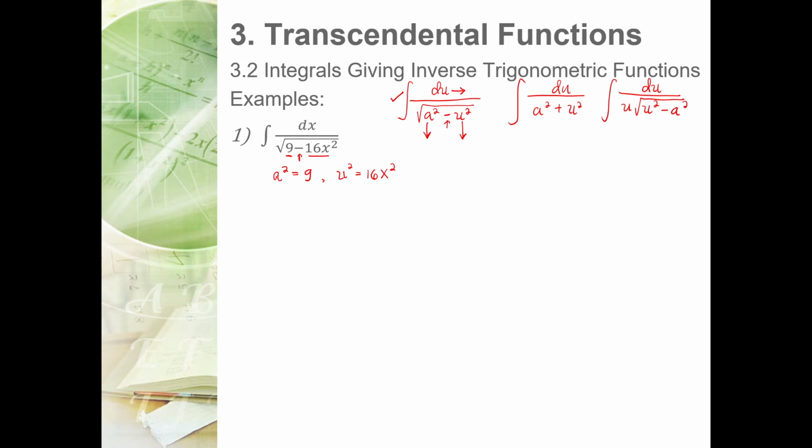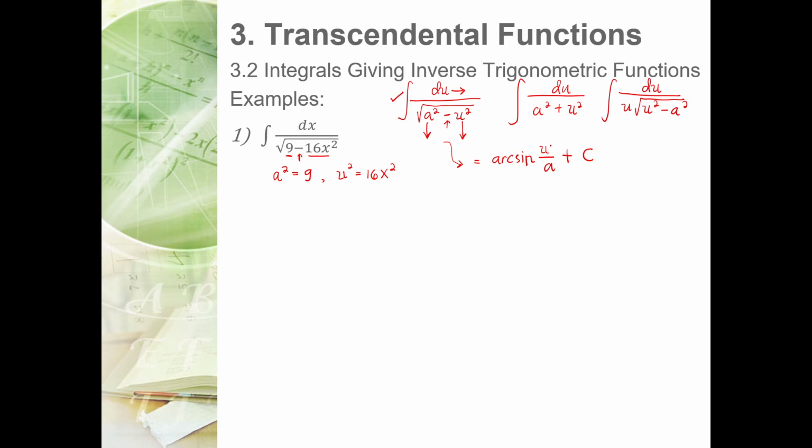Again, as I mentioned earlier, a is a constant and u is a function of x. Notice that your u term here has an x variable, and your a variable is purely constant. Next, since the answer for your format is an inverse trig function, if we recall the previous slide, the answer for this one is arcsine, or inverse sine, of u over a plus c.